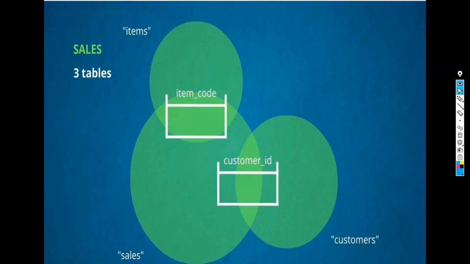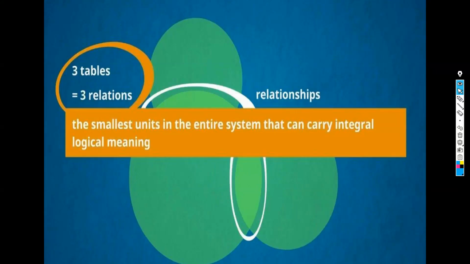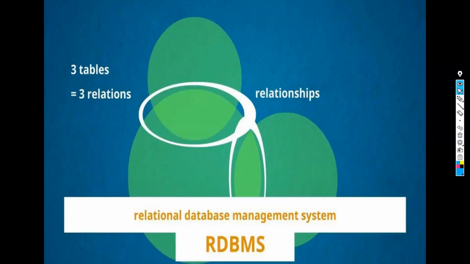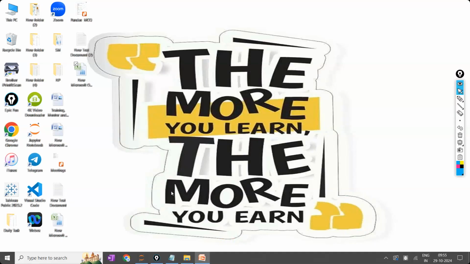So here we are going to connect the data. The smallest units in the entire system can integrate the entire logical meaning. It means the entire data will be stored in small tables, which is called RDBMS. Is the point clear?